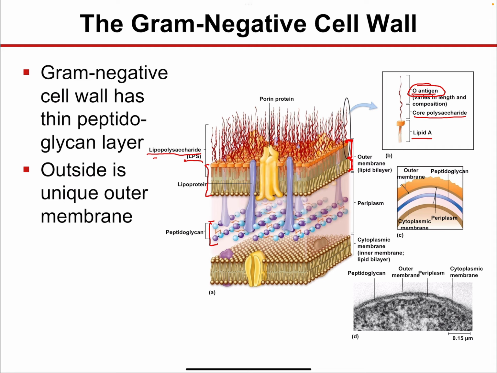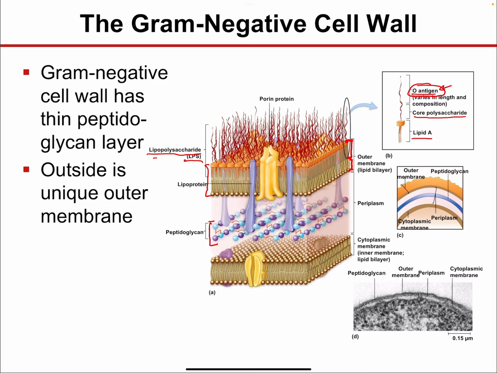For instance, how do we tell apart, based on the outer membrane, E. coli and Salmonella, and E. coli and Shigella? We can tell them apart just looking at the O antigen. Okay? It's going to be different.